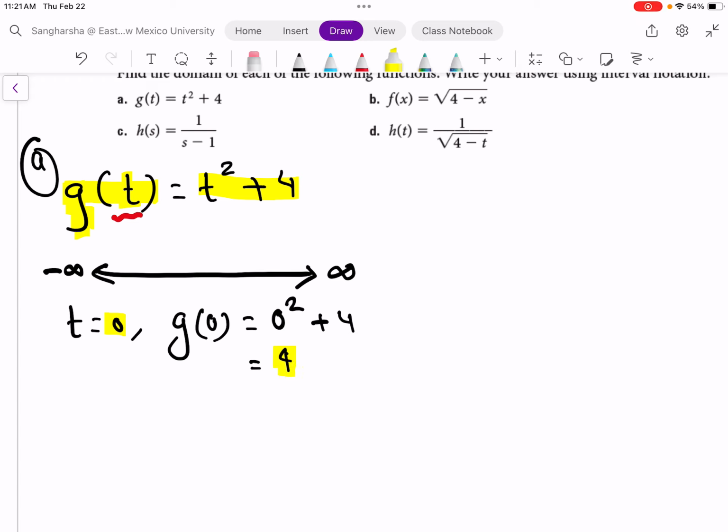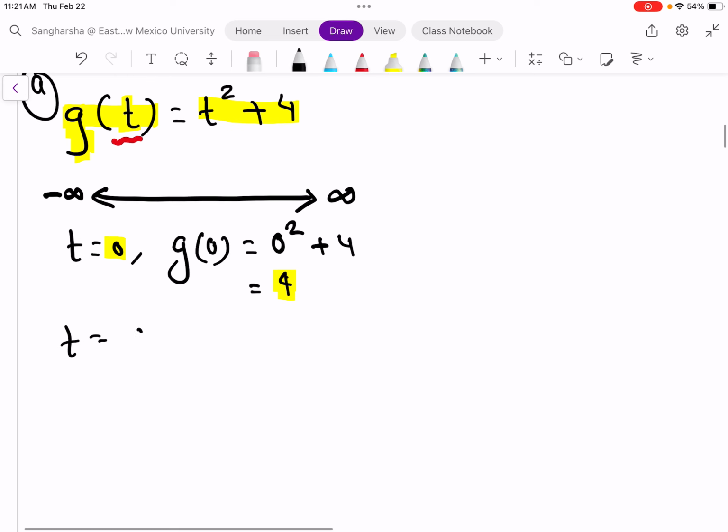Okay, now do we have any other number from our real numbers? What other number can we choose here? Any number. So can we choose any number like a fraction, decimal, square root of 2? Let's see. So can we have t equals square root of 2? If t is square root of 2, is this a domain or not?